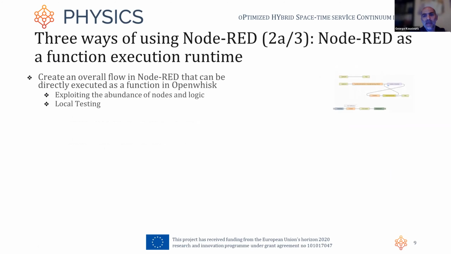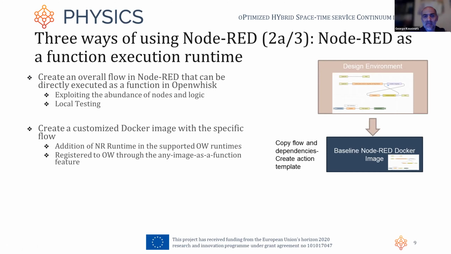So the main way, as we foresee its usage in the project, is to have it as a function execution or orchestration runtime of the Node-RED environment. Then you can do a bit of local testing. You can use any node and logic that is available as a built-in node or an externally brought-in node. Then the environment kicks in and creates a customized Docker image with the specific flow, including all the dependencies.